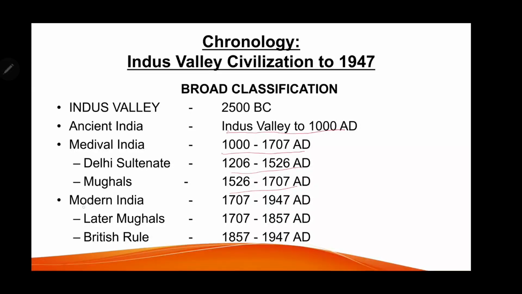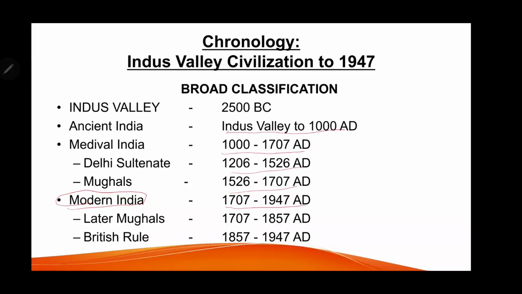Then the third part is modern India. Modern India is very, very important because the modern India is included in the mains. Ancient and medieval is not included in the mains as per the UPSC syllabus. Modern India is in preliminary as well as in the mains. It is from 1707 to 1947.